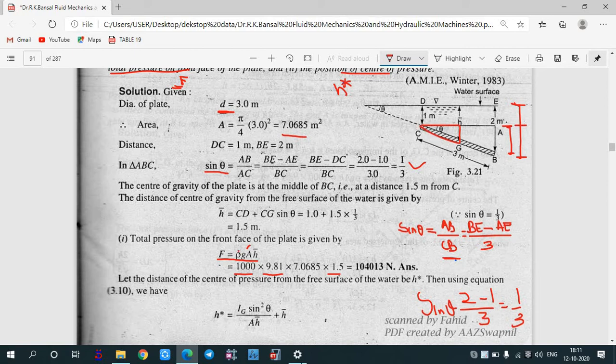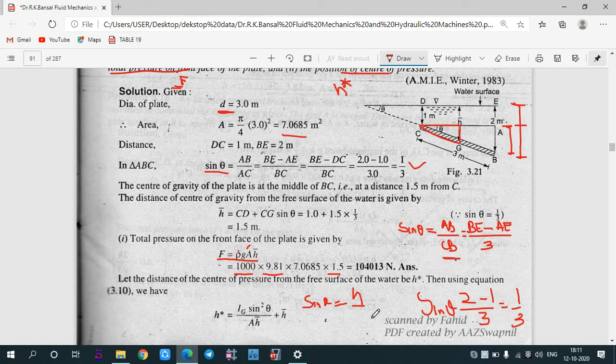So sine theta will give you what? In this case, sine theta is nothing but perpendicular upon hypotenuse. We don't know this side, but we need this value only. So suppose it is h. Hypotenuse is what? Since this CB value is 3 meter, h bar will be acting at the center.